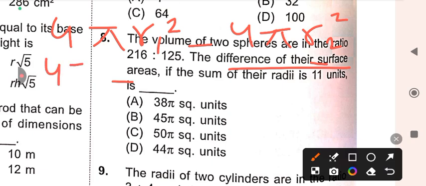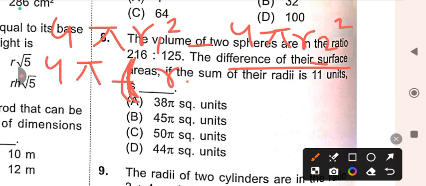That is 4 pi r1 we have got as 6, and its square is going to be, or we can write like this, simplifying the equations, taking the common 4 pi, r1 square minus r2 square.